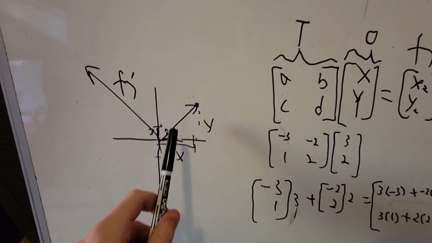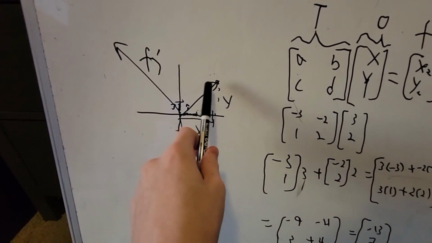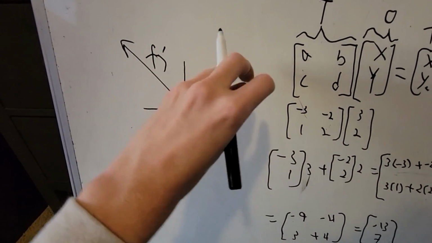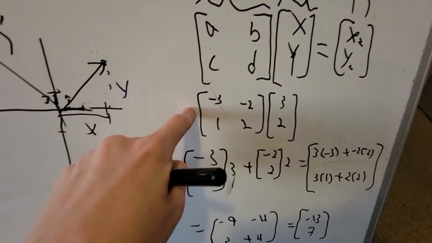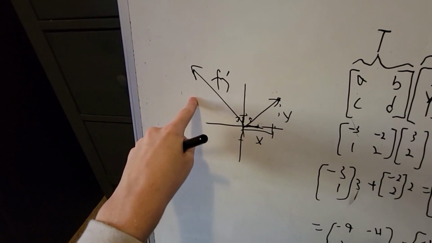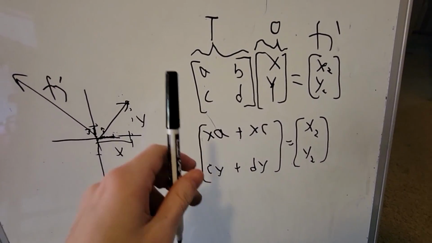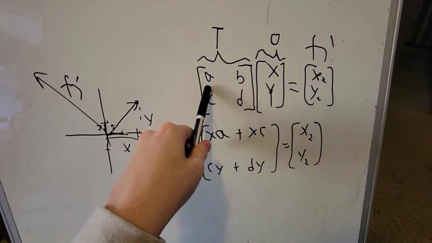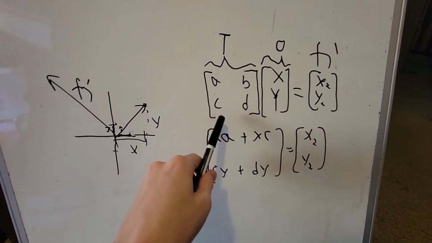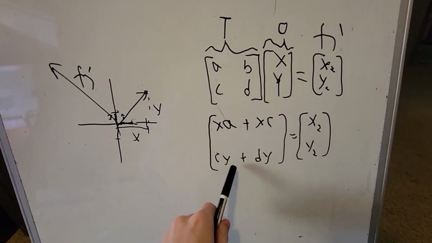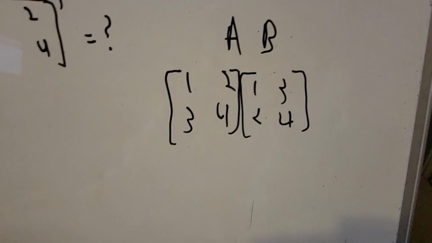We had this original matrix, 3, 2, 3 over 2 up. We transformed it by this matrix, and we ended up over here at -13, 7. So in component form, we have a times x plus b times y, and then c times x plus d times y.